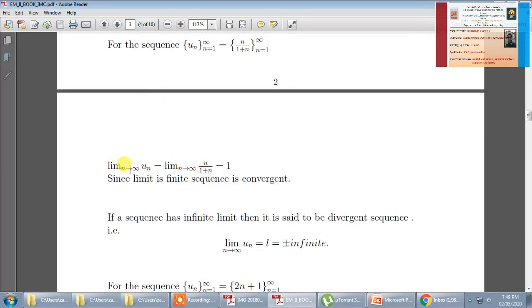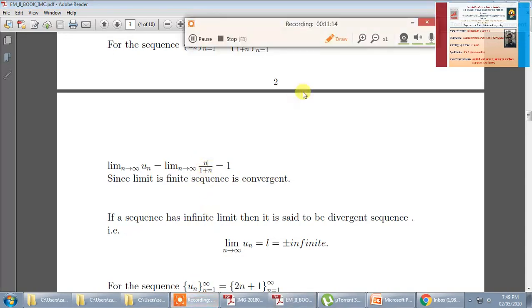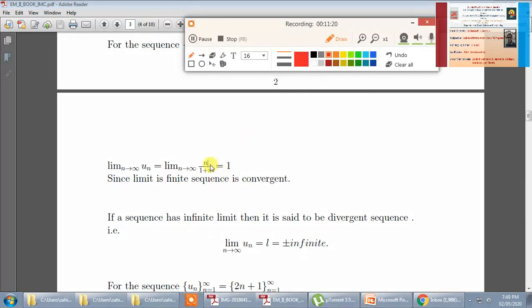So the limit as n tends to infinity of un is equal to the limit of n divided by 1 plus n. Take n common. From the denominator also n is common, and that n will get cancelled. So this is n divided by n times the bracket 1 by n plus 1, and the n gets cancelled.